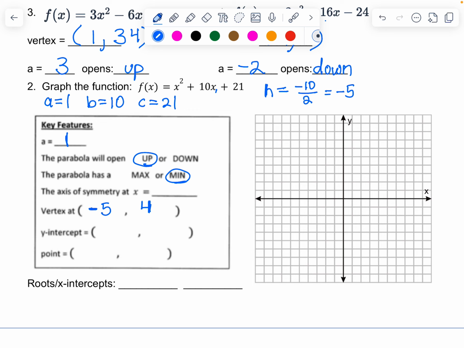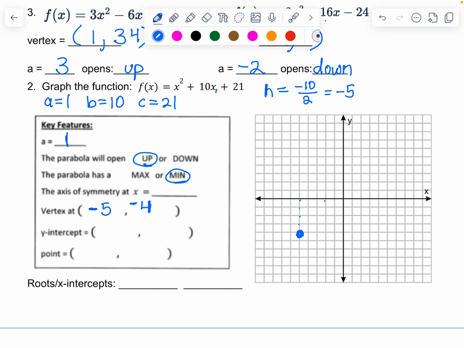Let's look. 25 plus -40. Yes. Okay, so it should be -4. So let's go 1, 2, 3, 4, -5. 1, 2, 3, -4.